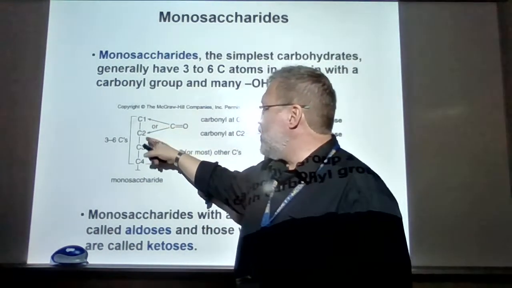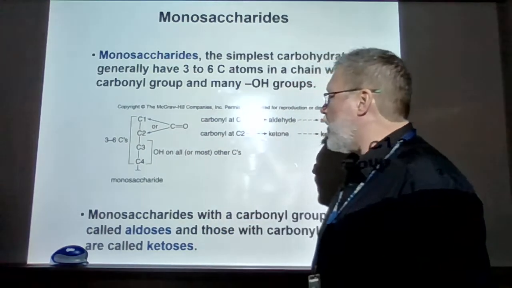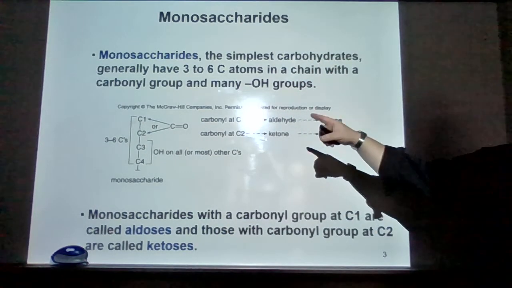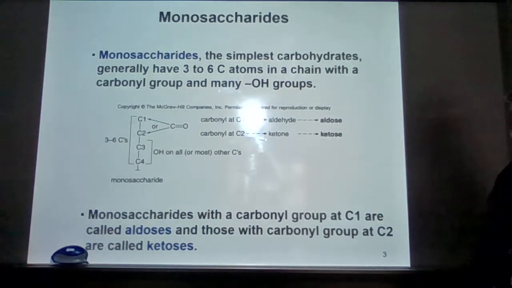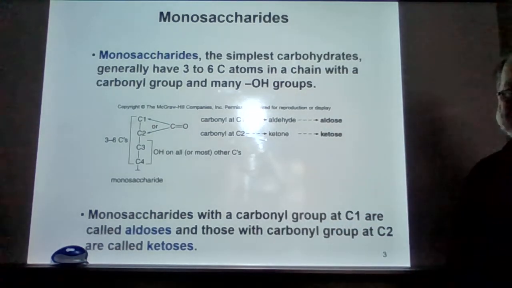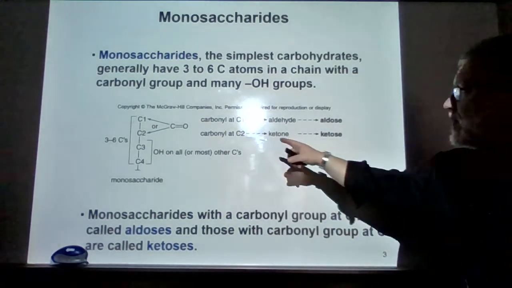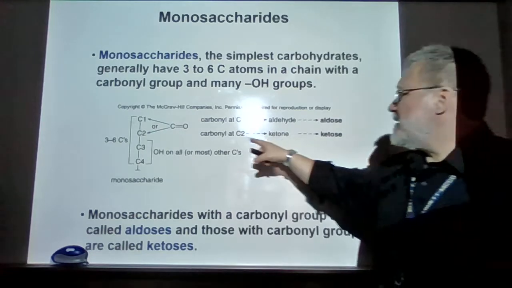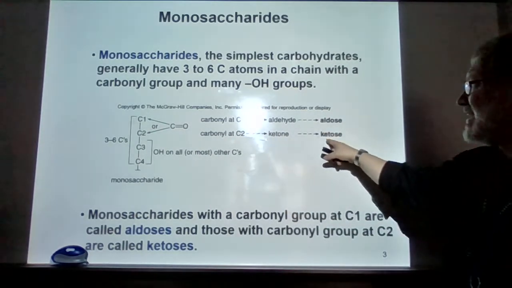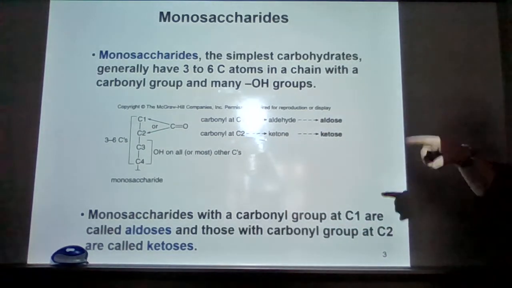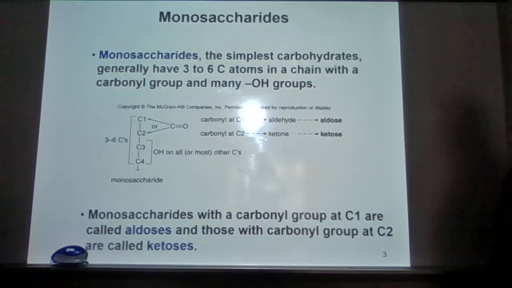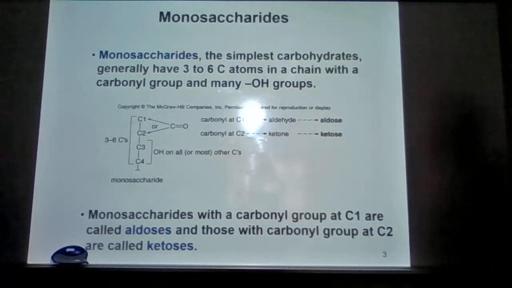At C1 or C2, you have your C double bond O. If you have the carbonyl at C1, it's an aldehyde, given the designation an aldose. If the carbonyl is at C2, it is a ketone, known as a ketose. C3, 4, 5, and 6 have either one or more than one OH group attached to them.